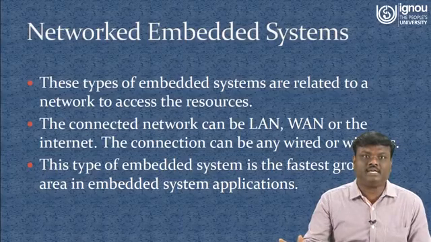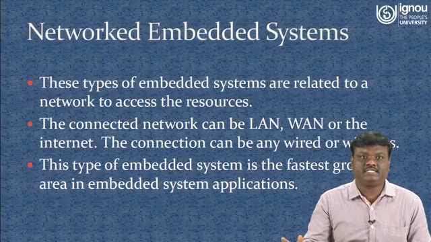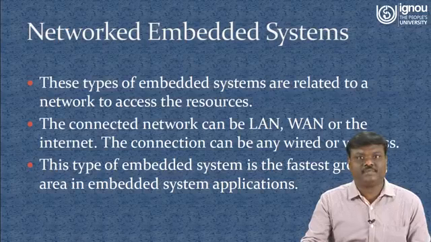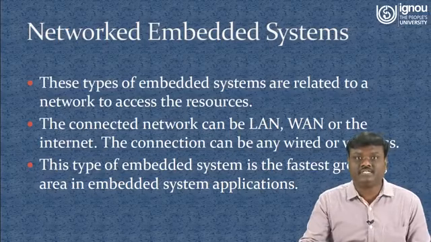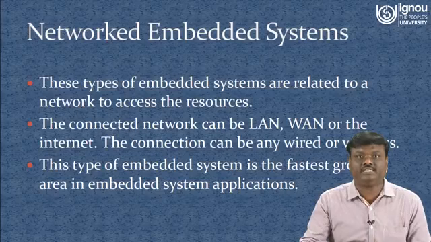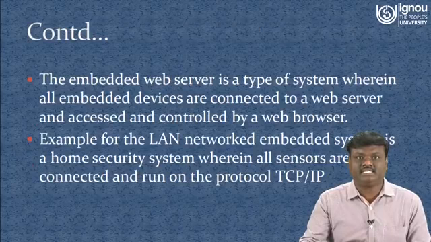That router consists of a network embedded system. This type of embedded system is the fastest growing area in embedded system applications, and it is being used in the Internet of Things or Internet of Everything also.